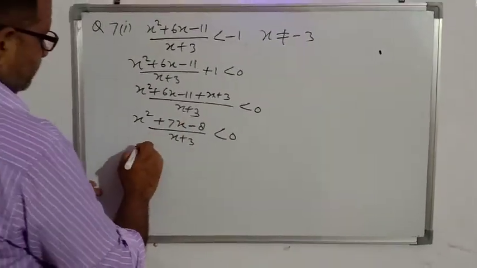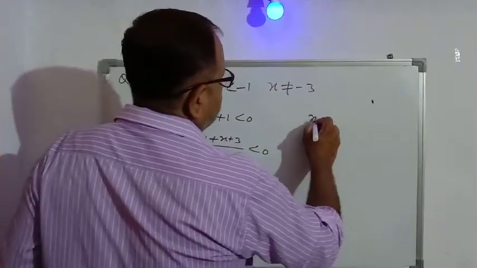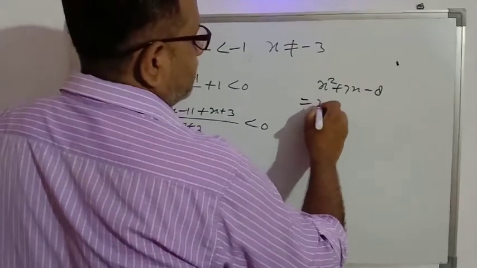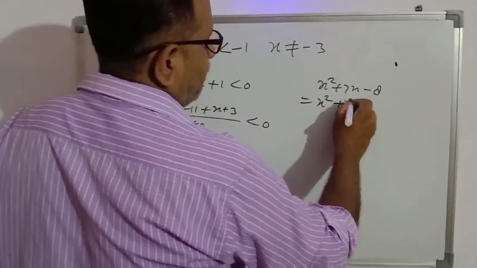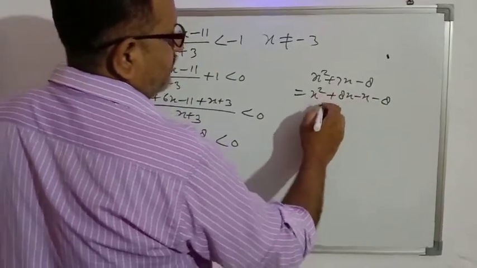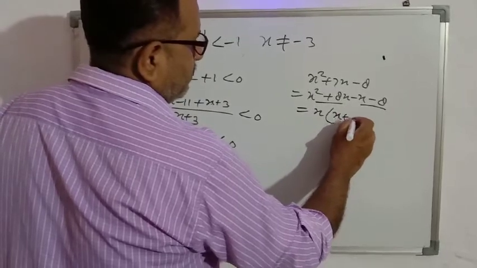Factorize the numerator. x square plus 7x minus 8. We can write it as x square plus 8x minus x minus 8. 8x minus x is 7x. Make pairs. So x common, x plus 8.